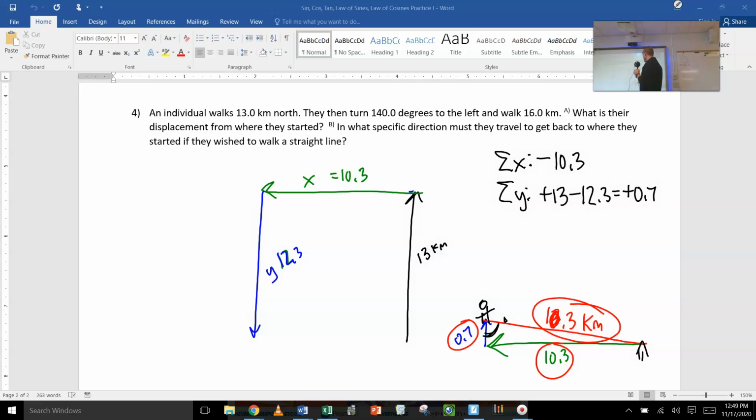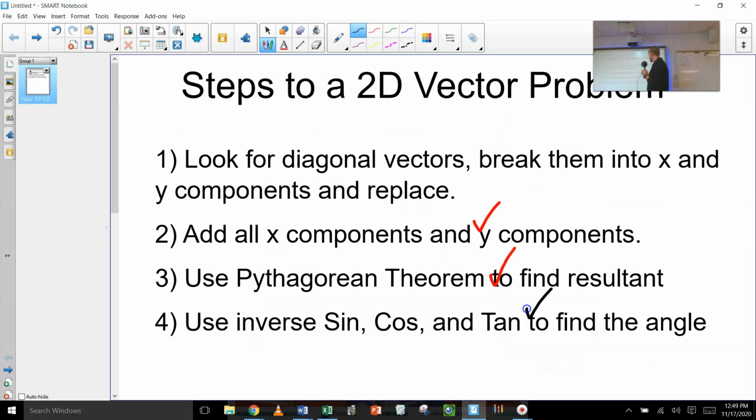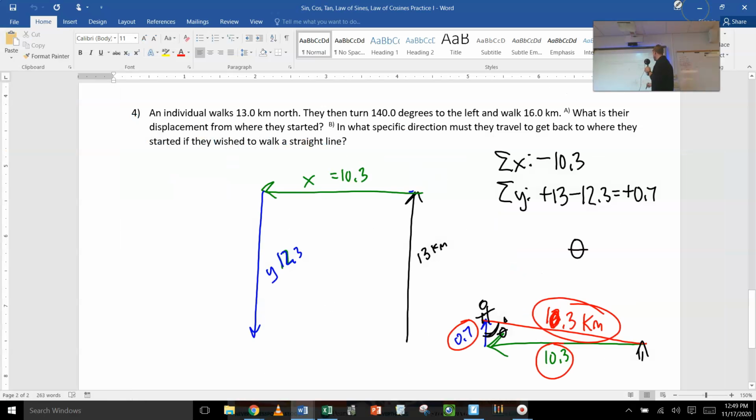Find this angle. I'm going to use inverse sine, inverse cosine, or inverse tangent, right? The opposite over the adjacent ends up to be something like 86.1 degrees.